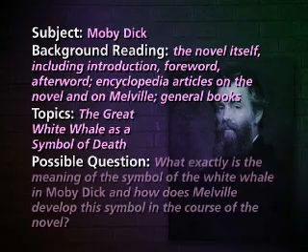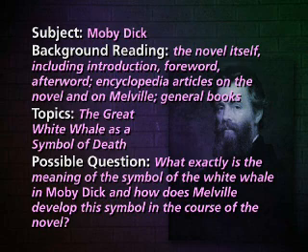And the question that I would ask is, what exactly is the meaning of the symbol of the white whale in Moby Dick? And how does Melville develop this symbol in the course of the novel? There would be some good background material that I could read about that from other literary critics, for example. And in my 10 to 15 page paper, I would write my own ideas about how Melville uses this particular symbol.